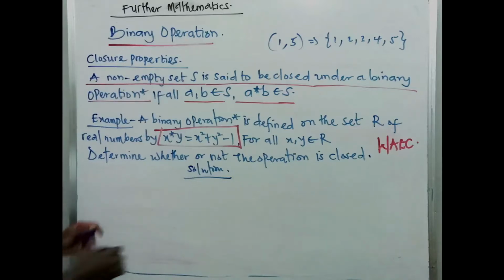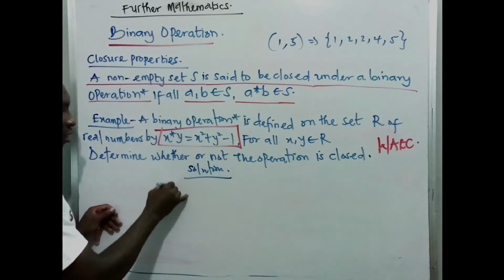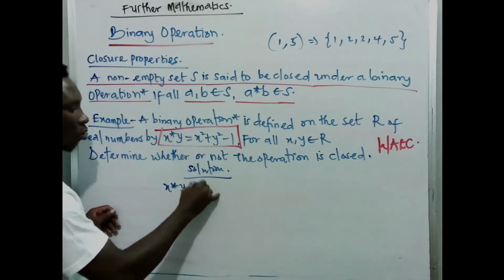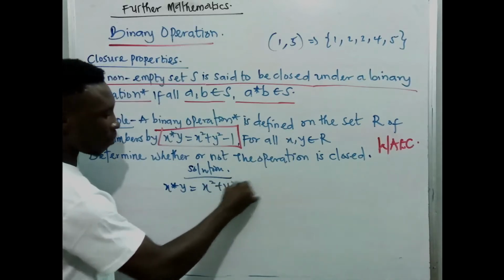Solution. For us to determine whether it is closed, the question says that x asterisk y is equal to x squared plus y squared minus 1.